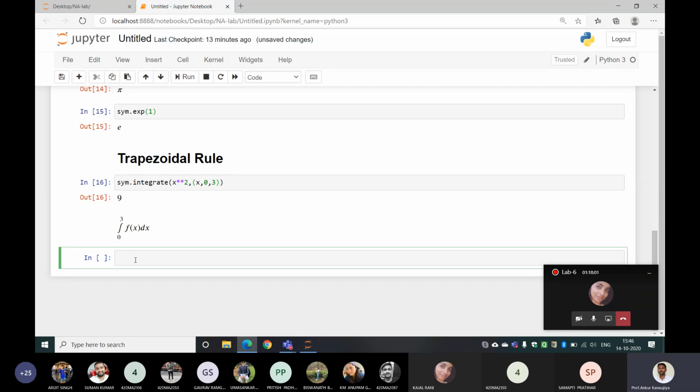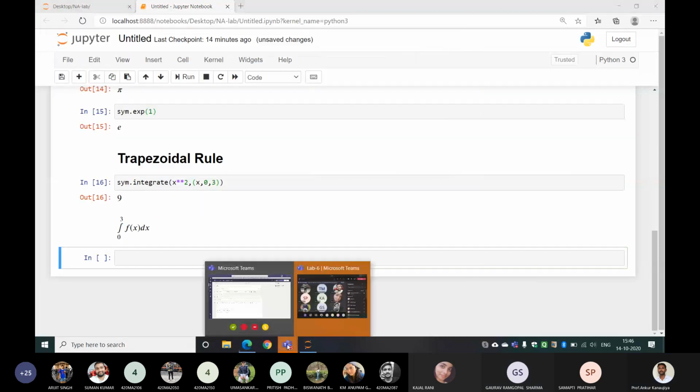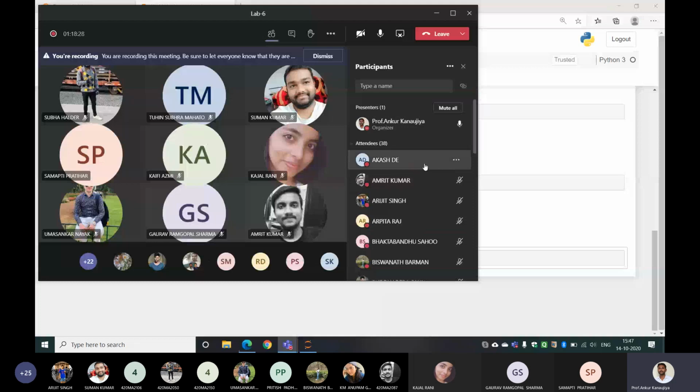So what is f of x here? x square, lower limit is 0, upper limit is 3, and the trapezoidal rule is h by 2 times f of x0 plus f of x1. So what is h? A plus B by 2? Now I will ask Akash De, can you tell me what is h in the trapezoidal rule, h by 2?